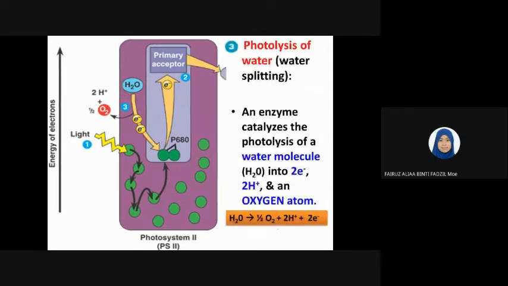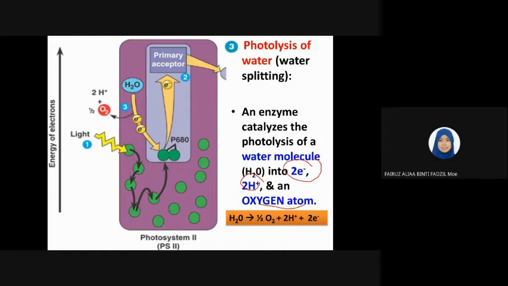What is photolysis of water, or water splitting? An enzyme catalyzes the photolysis of a water molecule into 2 electrons, 2 protons, and 1 oxygen atom. The photolysis of 1 water molecule will result in 2 electrons, 2 protons, and one oxygen atom.